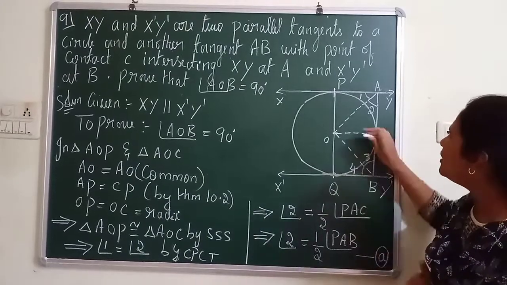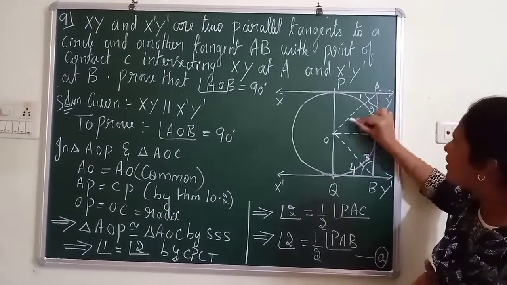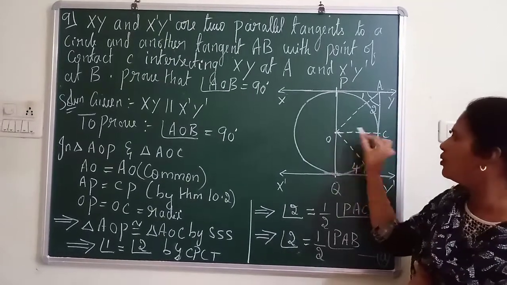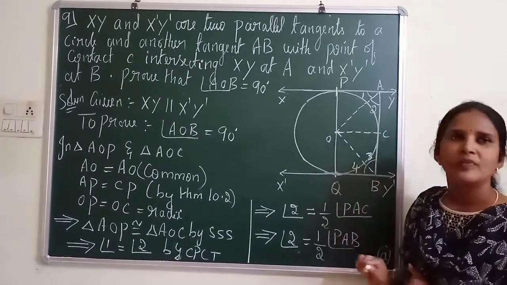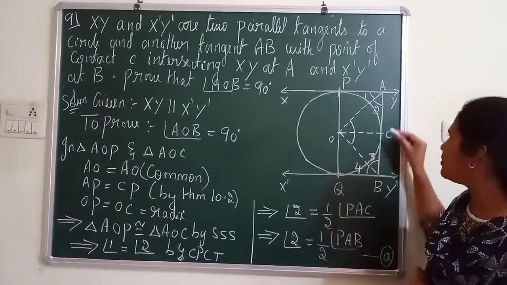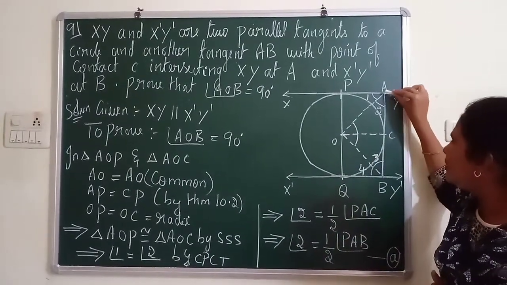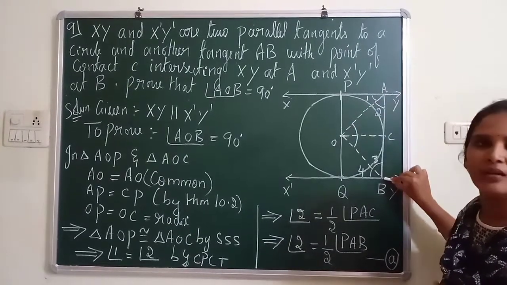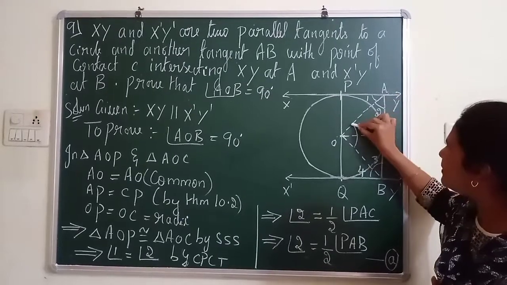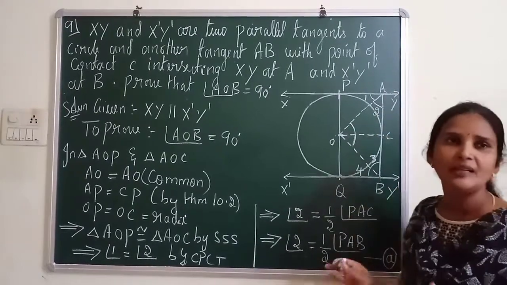Before that, join A to O, B to O, and C to O. Now I have to prove that this angle is 90. Observe triangle AOB: I have to prove that angle AOB is 90 degrees.